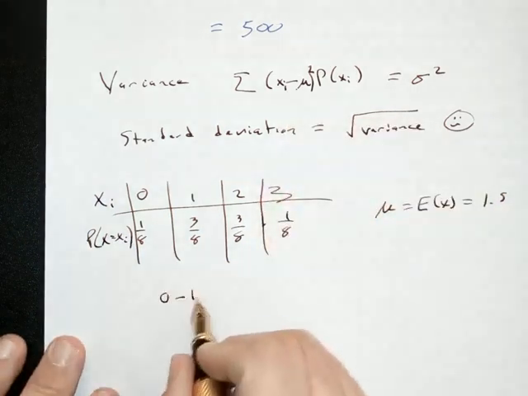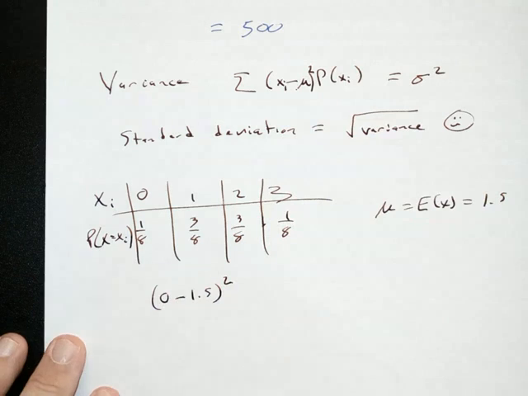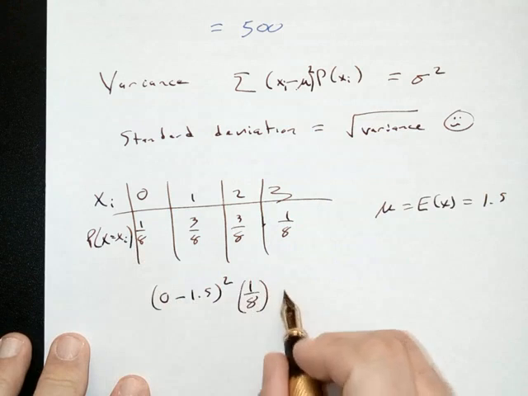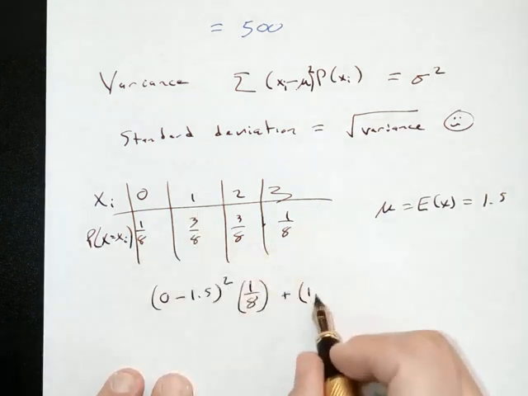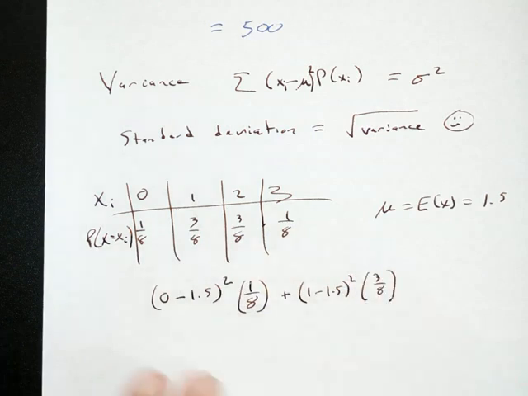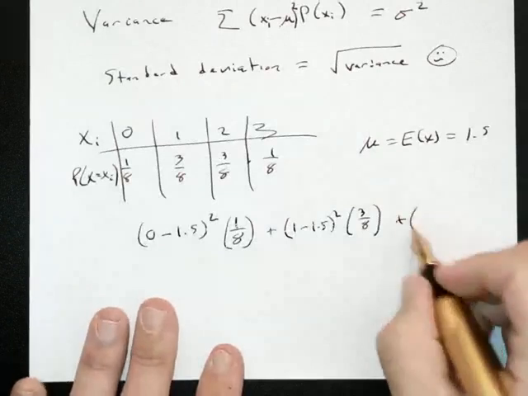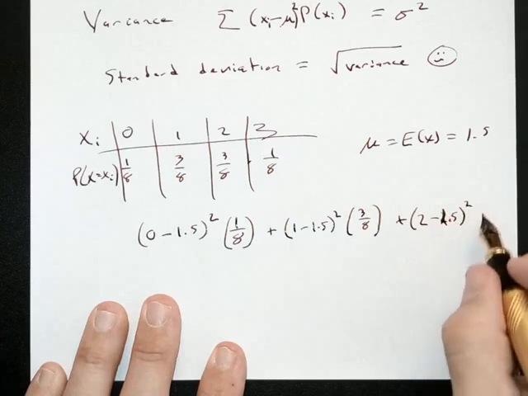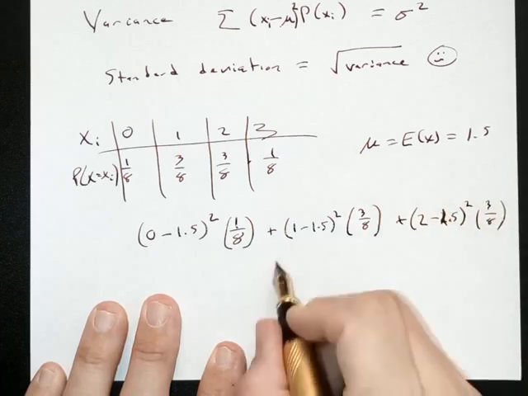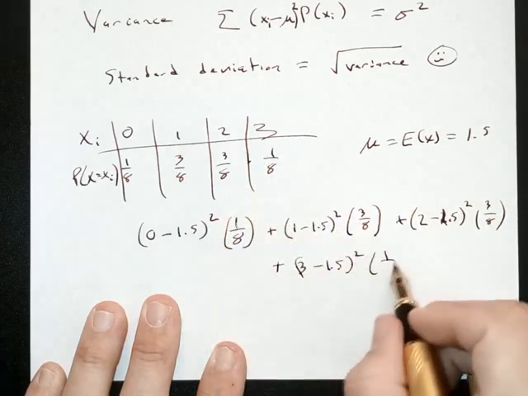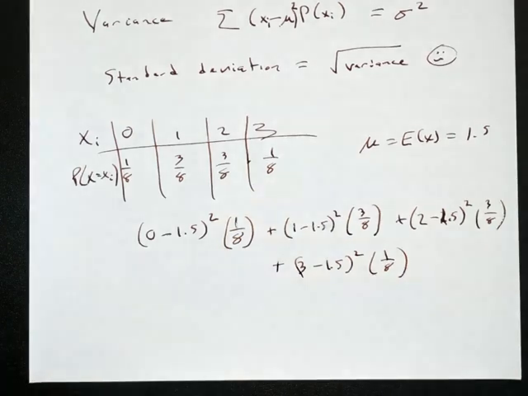So 0 minus 1.5 squared times the probability 1/8, plus 1 minus 1.5 squared times 3/8, and so on. 2 minus 1.5 squared times 3/8. And then last, 3 minus 1.5 squared times 1/8. This is my variance. Grab your calculators. Let's go to town.